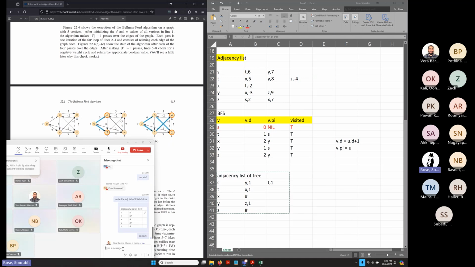I want everybody to answer why this is incorrect. X and Z, are they coming from two different vertices? I'll give you till 3:25.